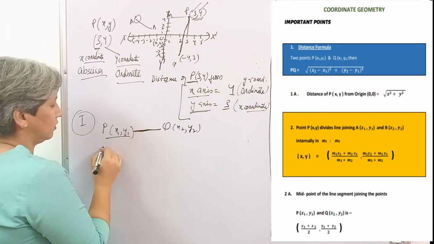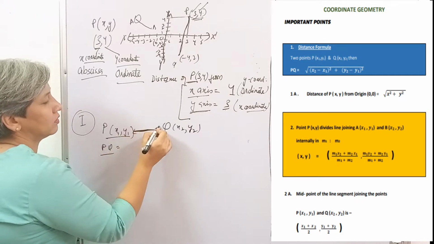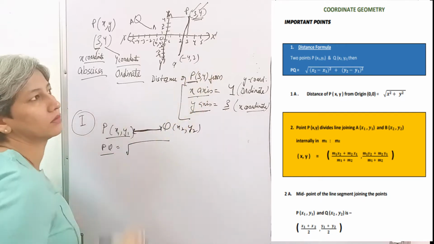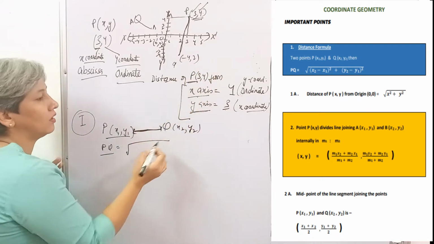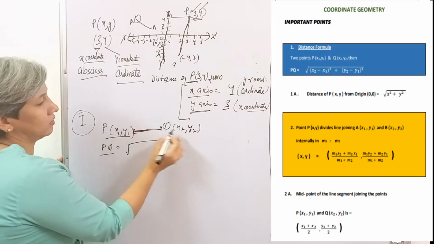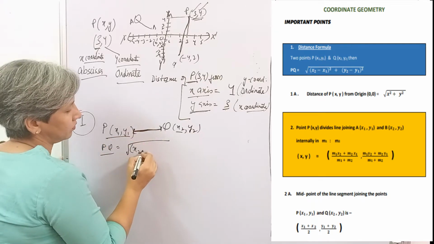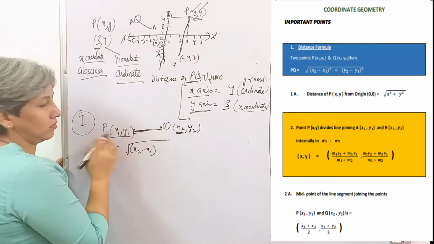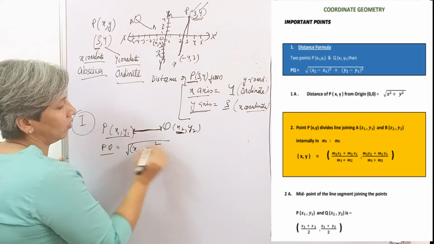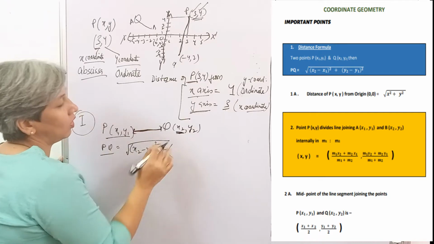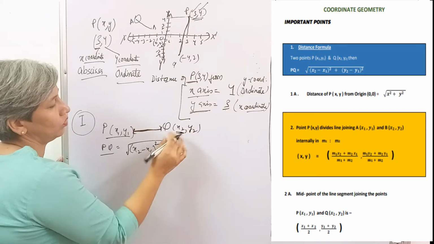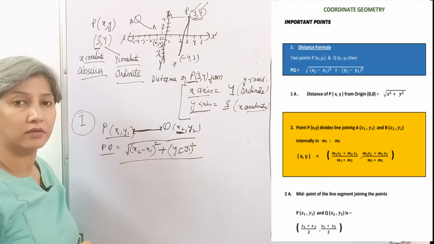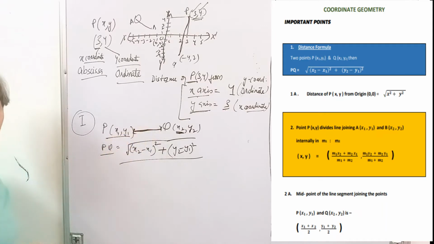Then this distance PQ will be this formula: x2 minus x1, take x coordinate of Q minus x coordinate of P, whole square it, plus y2 minus y1 whole square. This is my distance of the 2 points, right?